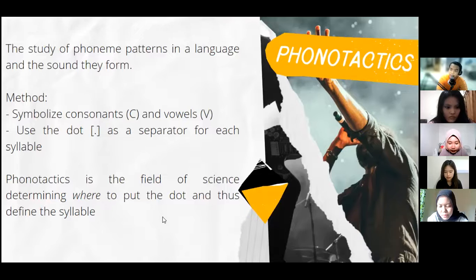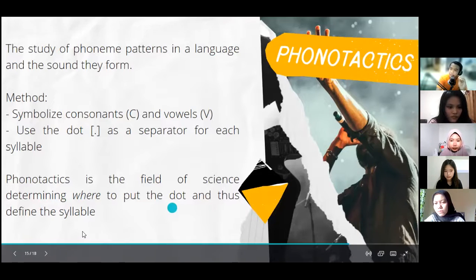We symbolize the phonemes with C for consonant and V for vowel. And then we use the dot as a separator for each syllable, because that's the IPA symbol for a syllable separator. Phonotactics is the field determining where to put the dot and define the syllable. Next slide, please.